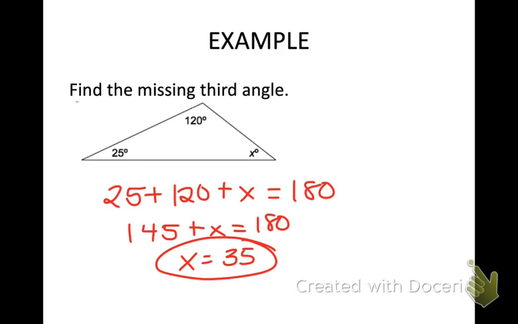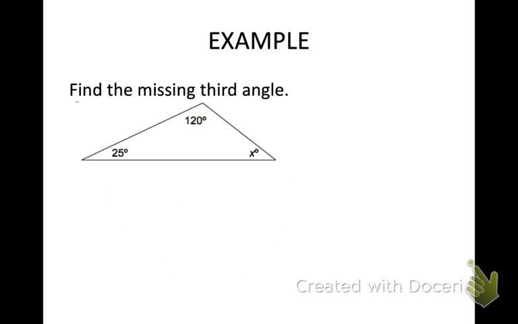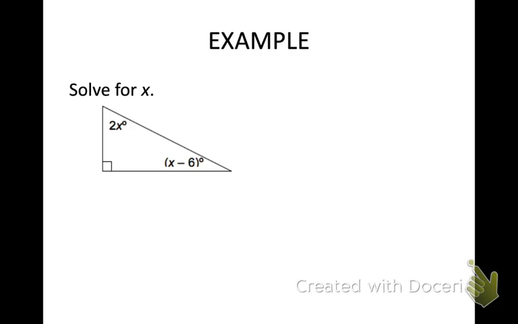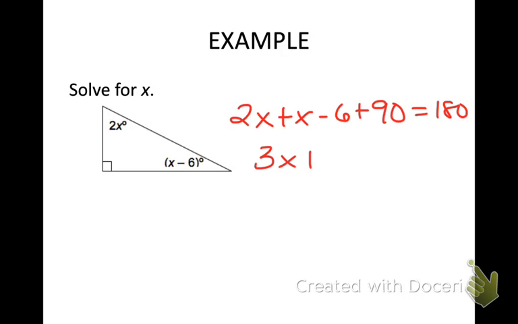Okay. Can I move on? Next one. What's your equation going to be here? 2x plus x minus 6, plus 90, since there's a right angle in there, equals 180. Remember, all three angles add up to 180, so make sure they're all three. So 3x plus 84 equals 180.